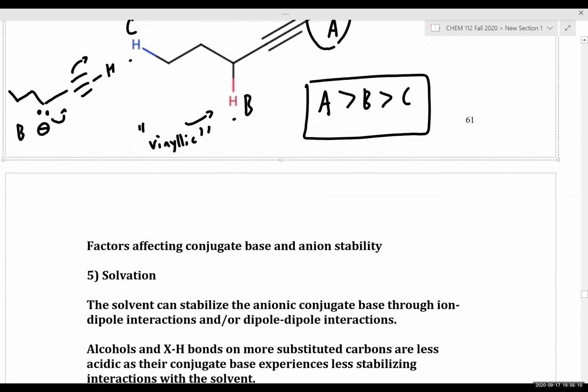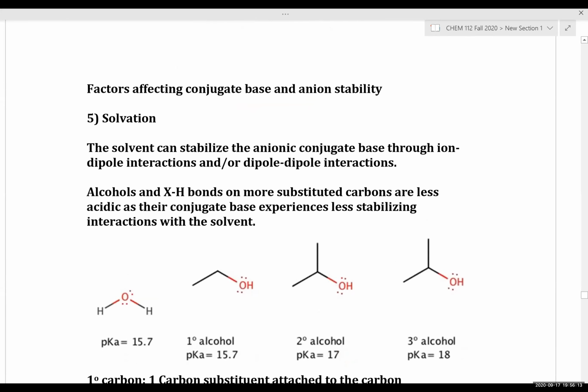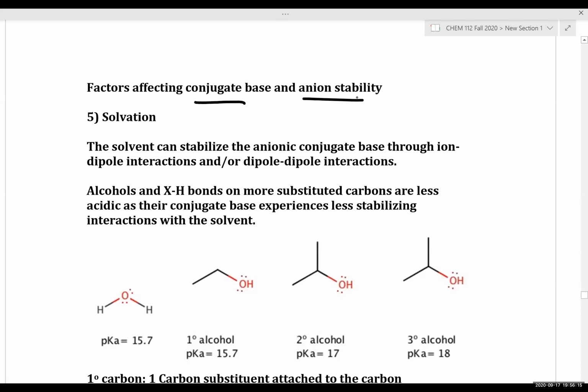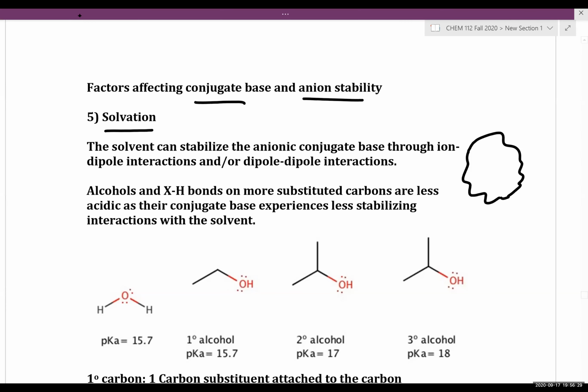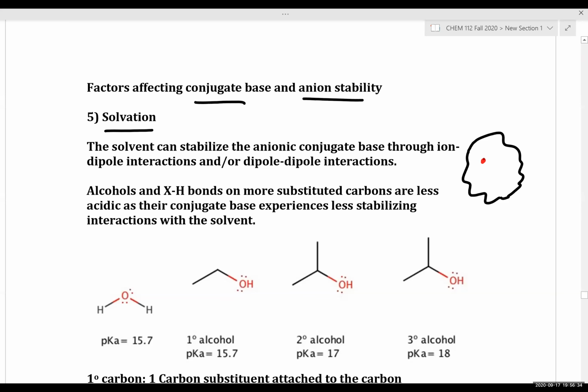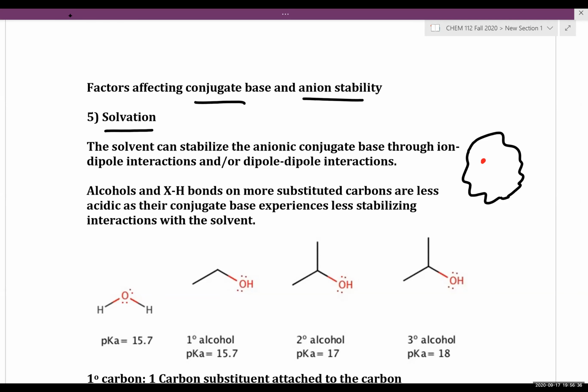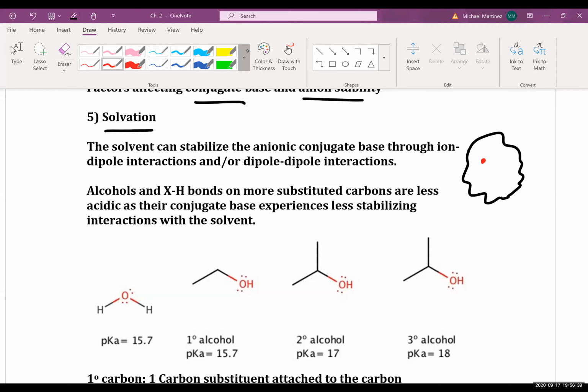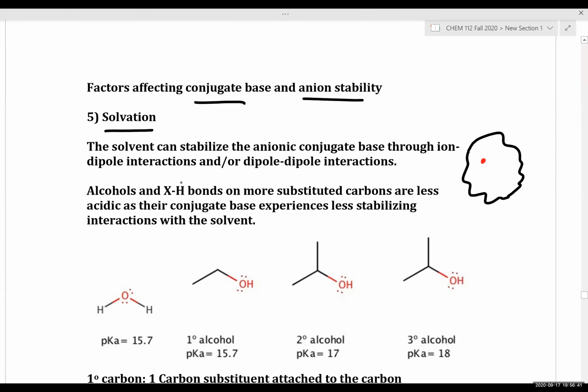So another effect that influences conjugate base and anion stability is known as solvation. We've been drawing all of these molecules, neglecting the solvent. And when you think about it, for every molecule or so of actual reactant, we have thousands to hundreds of thousands, if not millions of more molecules of solvent.